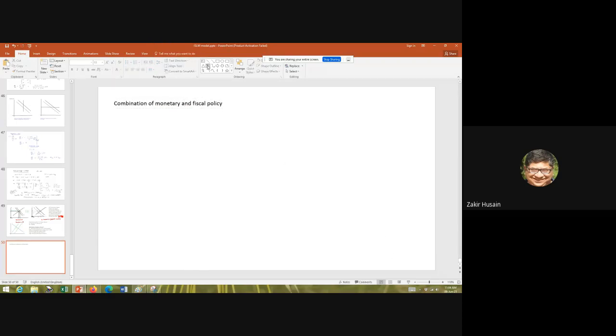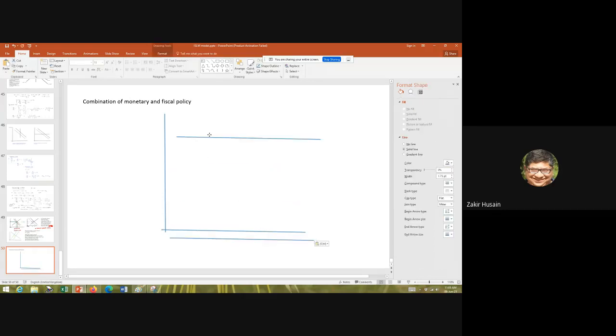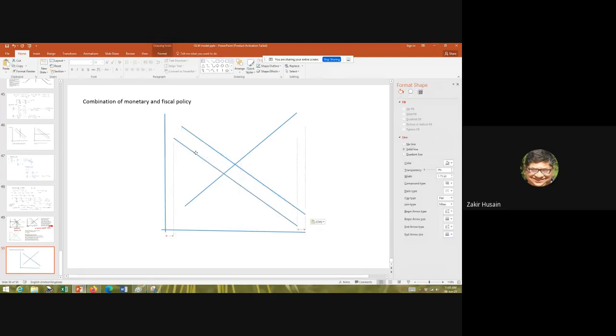Let's see. So this is the IS curve. And now we can think of, so you can see, sorry, we have to go for this. The rate of interest has gone up.